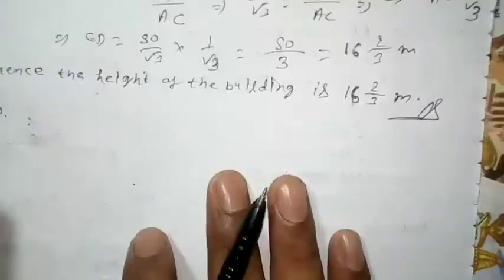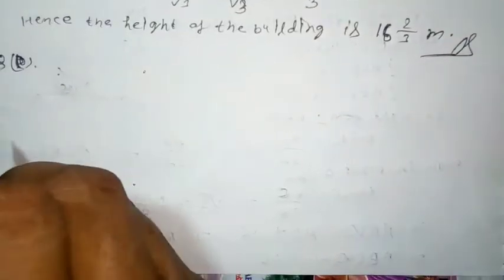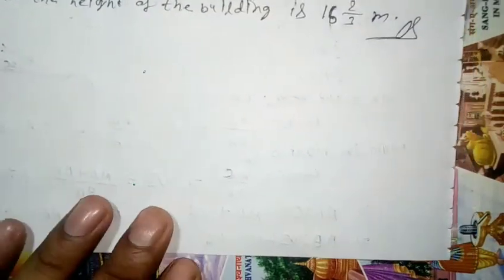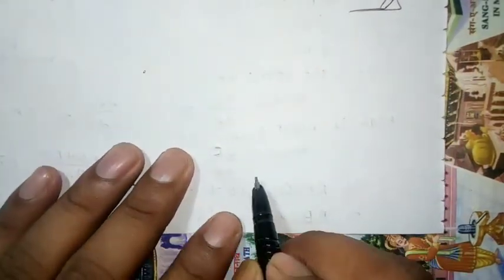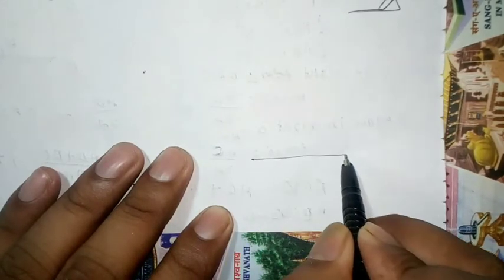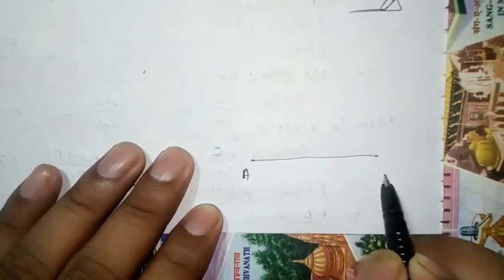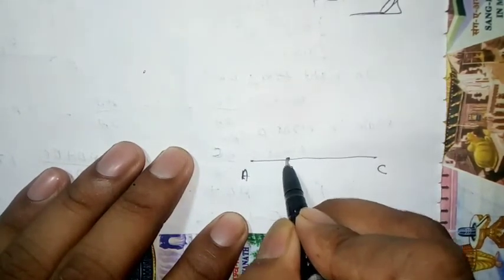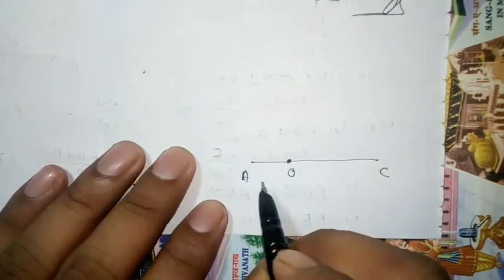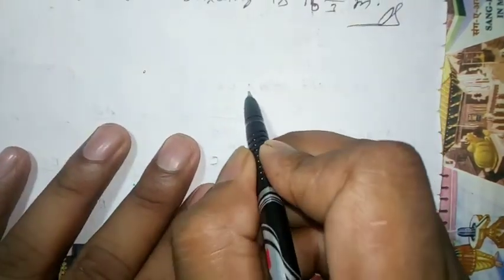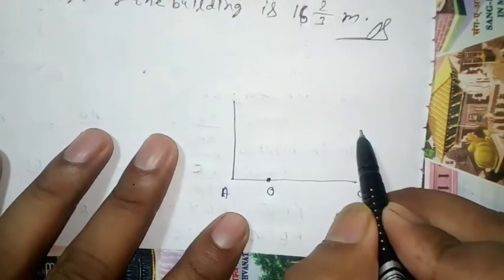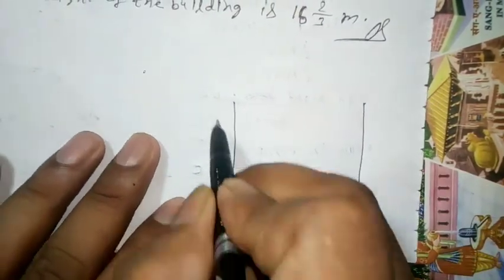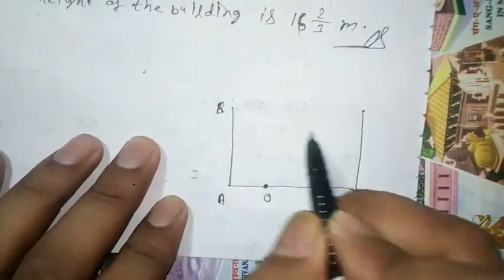First, I draw the simple diagram. Okay. There, suppose AC is a road and O is a point on the road. There are two poles, both are equal. Suppose AB and CD.